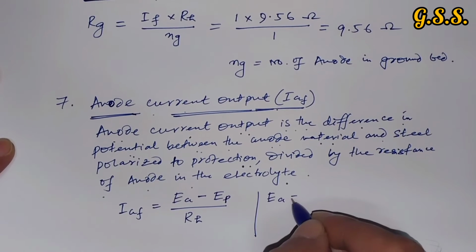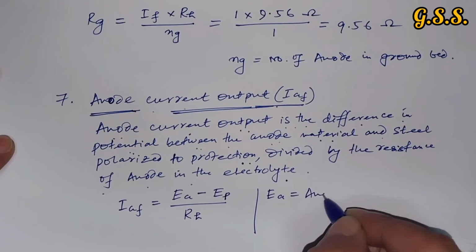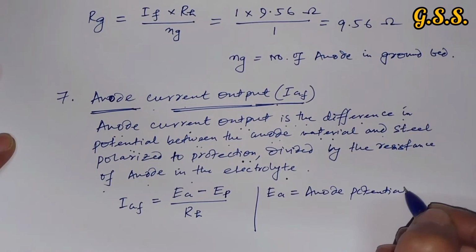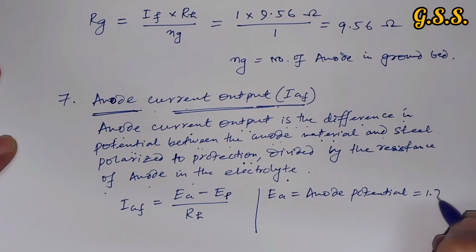EA equals anode potential, equals 1.7 volt.